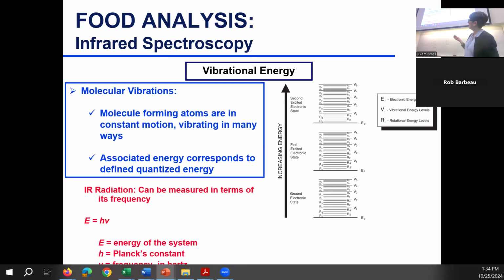So this is the same as in the introduction. Energy equals a constant multiplied by the frequency. So the same thing applies here. It's just a different frequency, different wavelength, different energy levels.